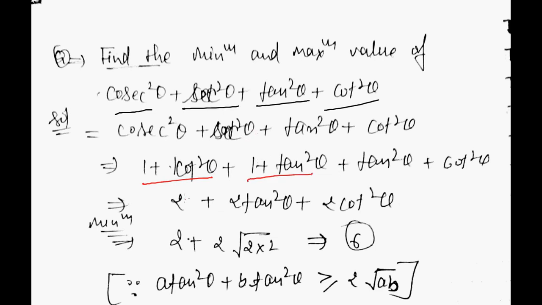After solving, we get 2 plus this. As I know the result of this relation, plus is present, so this is minimum when this function is minimum, and its minimum value is 2 multiplied by 2 root ab, where a is 2 and b is 2. Answer is 6. Hope you understand.